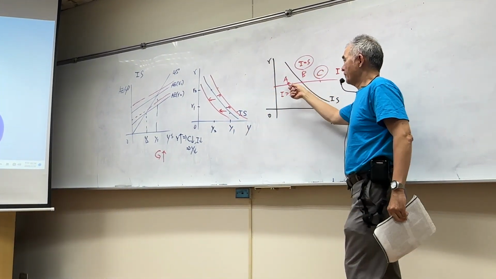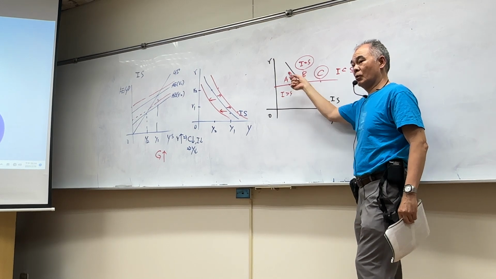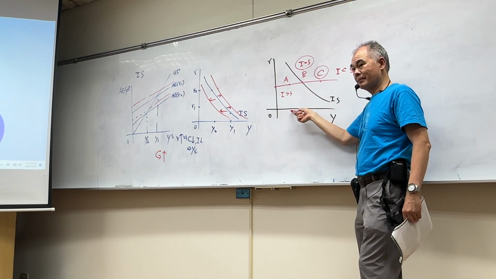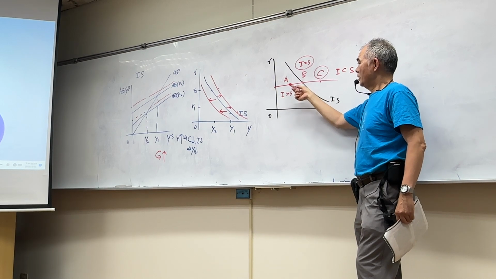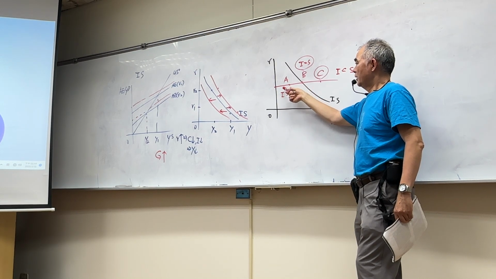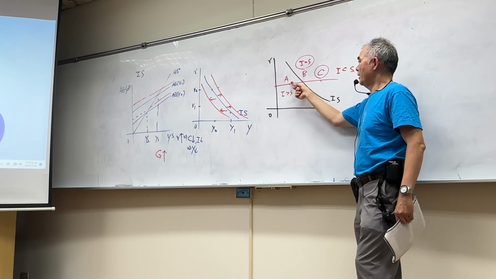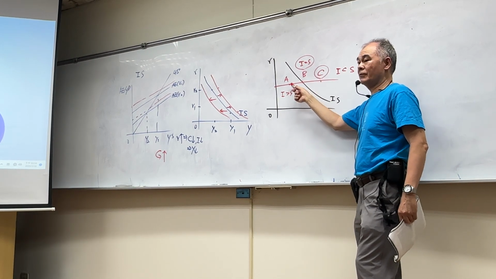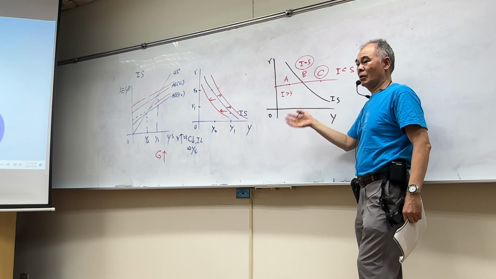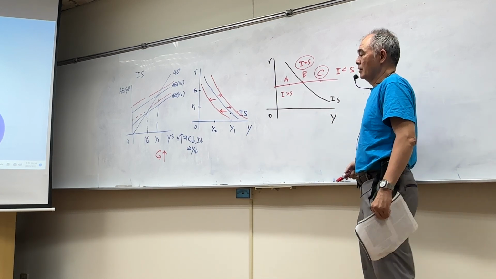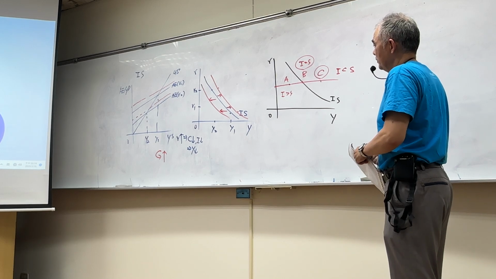Because at this point the income level is lower. If investment is the same for A, B, and C and income level is lower, he won't be able to save as much.